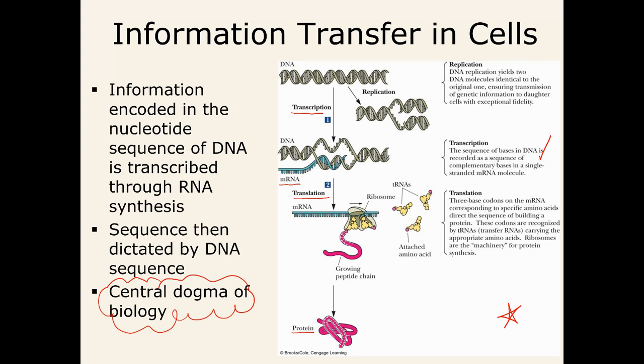What helps in that is another type of RNA called tRNA. Those tRNAs interact with the mRNA and bring the appropriate amino acid needed for that code. And carrying this out are ribosomes, which you'd say are the cell's machinery for protein synthesis.